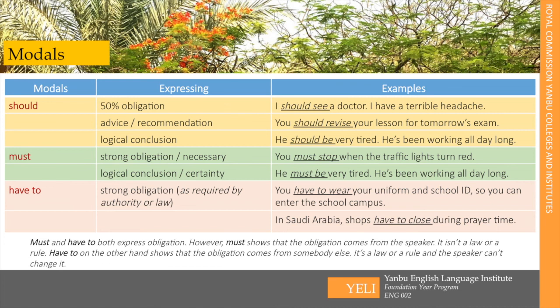However, the word must shows that the obligation comes from the speaker himself because this is what he believes is necessary. For have to, you use this when the obligation comes from somebody else. It's a law or a rule, and the speaker can't change it. So that's the slight difference between must and have to.